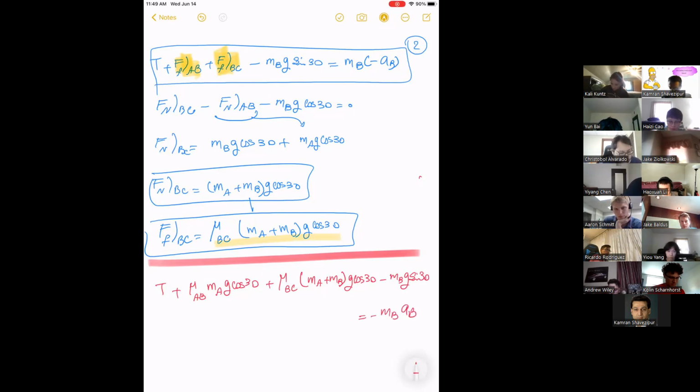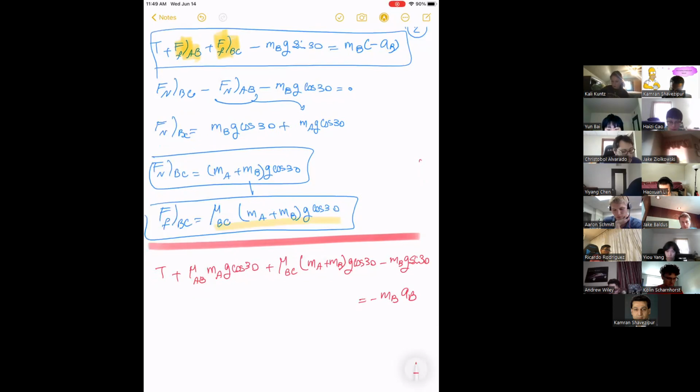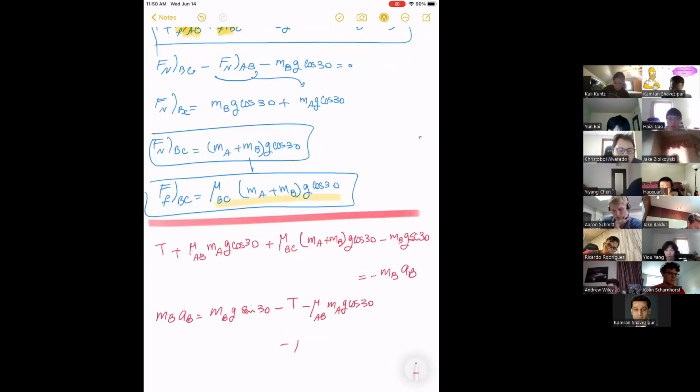I can multiply the whole thing by a negative to make this positive. So if I do that, we're going to get MB AB is MBG sine 30 minus T minus mu AB MAG cosine 30 minus mu BC MA plus MB G cosine 30.